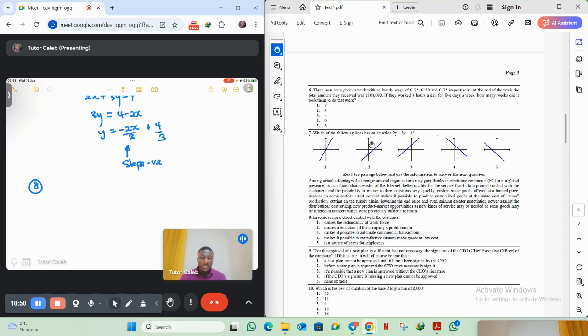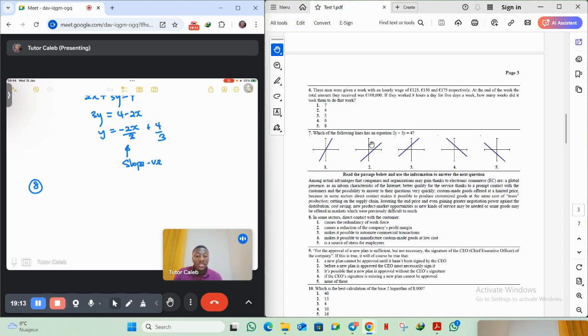Now, 9 says for the approval of a new plan is sufficient but not necessary the signature of a CEO of a company. If this is true, it will of course be true that, now for this kind of question, you have to be able to distinguish between the meaning of sufficient and necessary.